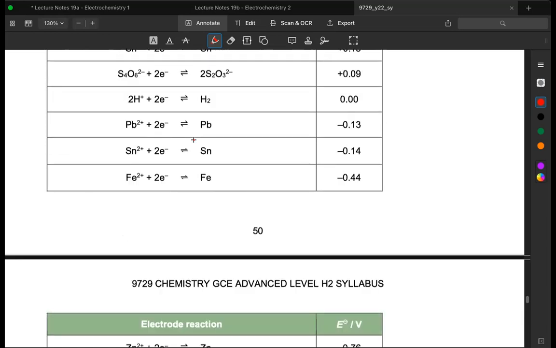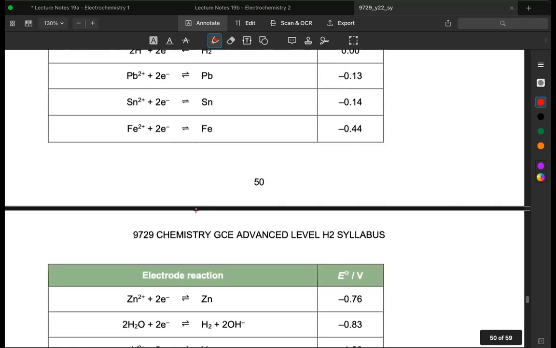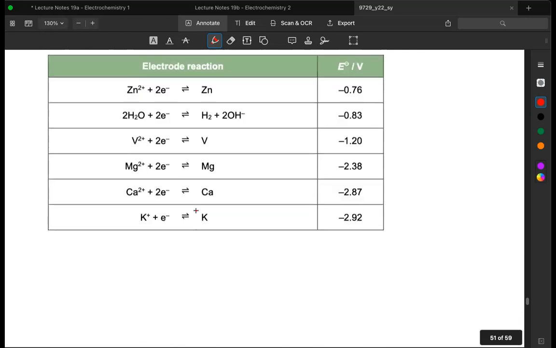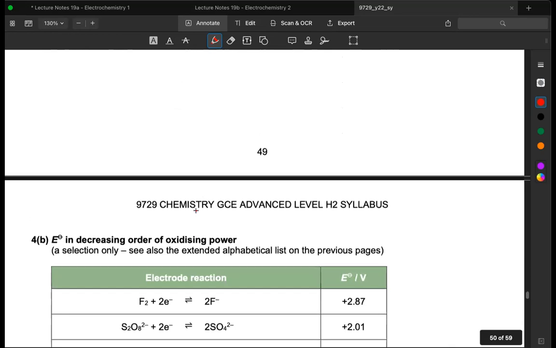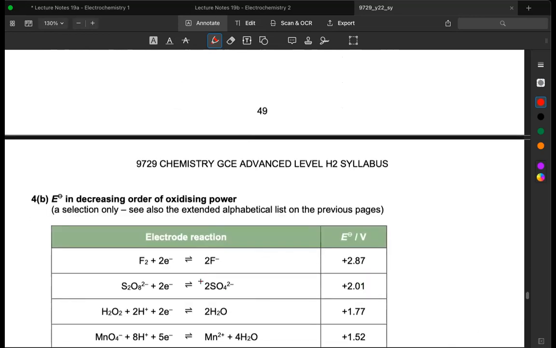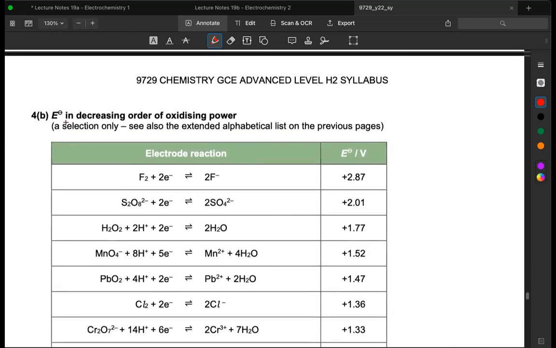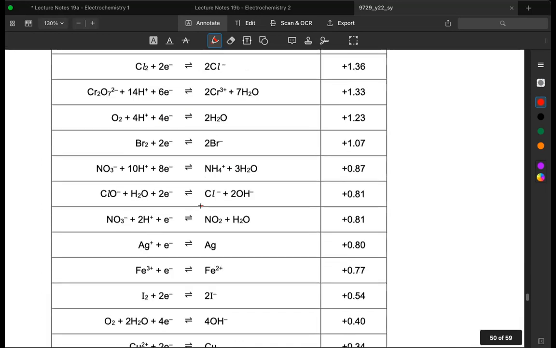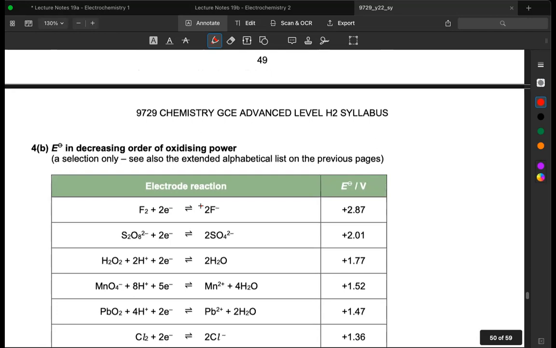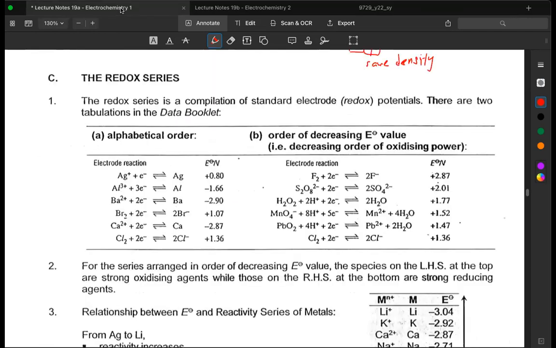So this is not in alphabetical order. But this is just a selection only. They are not showing everything. So if you want the specific one, the alphabetical order will be the whole list that they will test you.